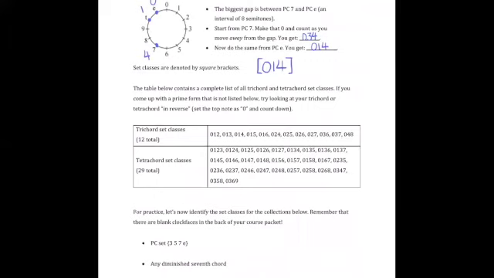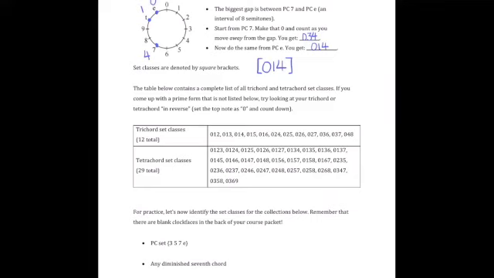And then tetrachords, tetra meaning 4, so clusters of 4 notes, you only have 29 possible ones. Now, under no circumstances would I expect you to memorize these. The trichords, you might find that you just sort of memorize them because of abundance of use, but I would never expect you to memorize these for class, so please don't worry about that.